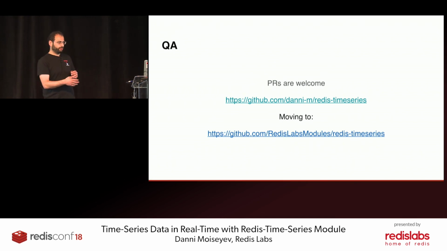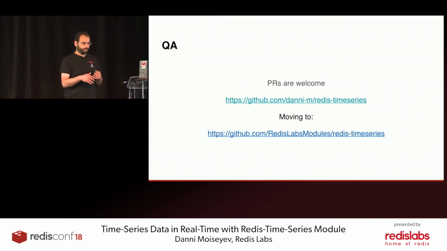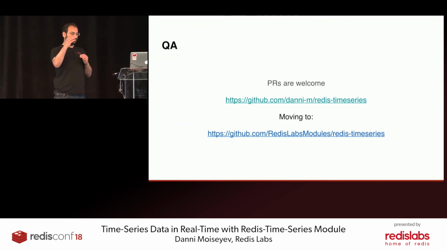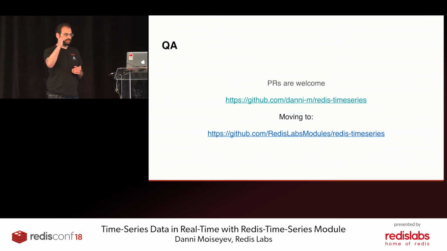So let's say you have a key with a 24 hours retention policy and you didn't report anything for the last month, we will not delete the data automatically. The data will be deleted only if you insert new data and the difference between the oldest timestamp and the newest timestamp is bigger than the retention period. Only then will we try to delete those old samples.